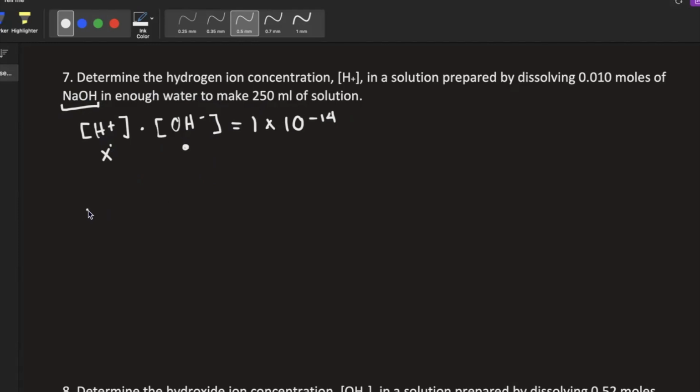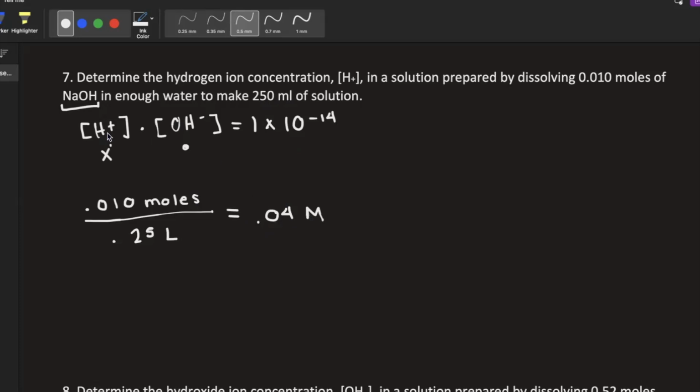So we're going to take 0.10 moles and divide that by 250 divided by 1,000, which is 0.25 liters. We got the 0.25 liters from the 250 milliliters of solution. And this is going to give us 0.04 molar. So this is going to be our concentration.